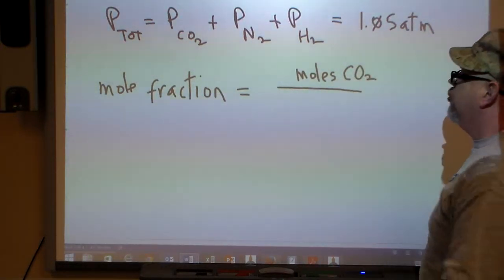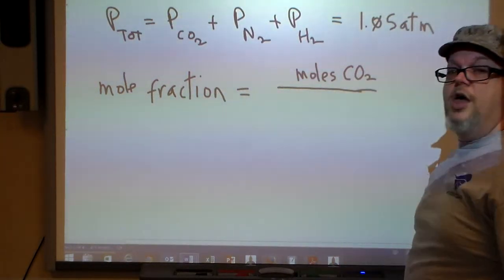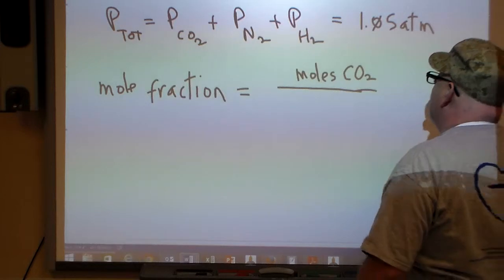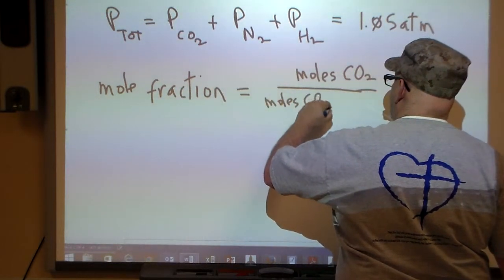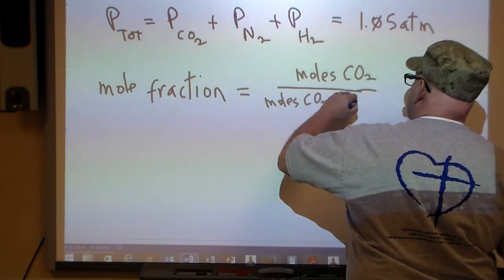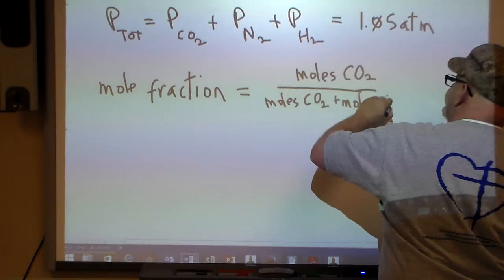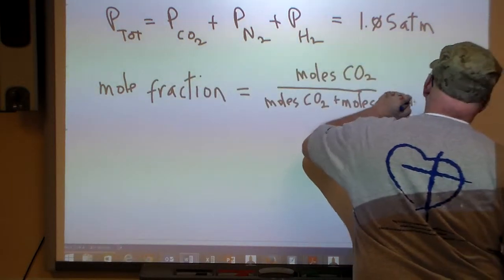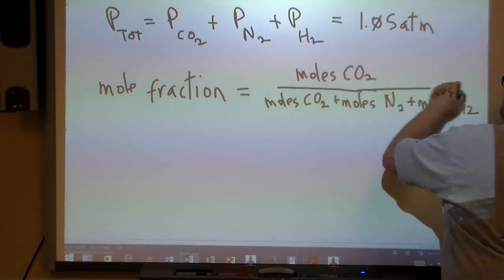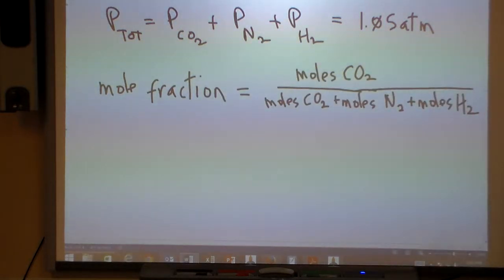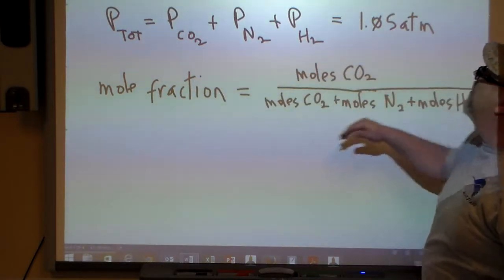Because they want the partial pressure, but to get to partial pressure, we need to find out how much carbon dioxide we have compared to the other gases, compared to the moles of CO2 plus the moles of nitrogen and the moles of hydrogen gas. That's what we have for the mole fraction. So we're going to take the part of CO2 and divide it by the sum total.